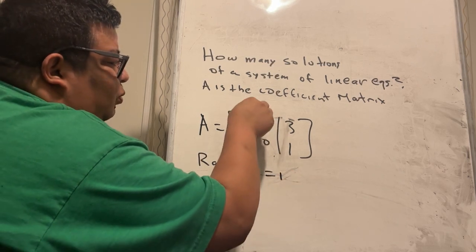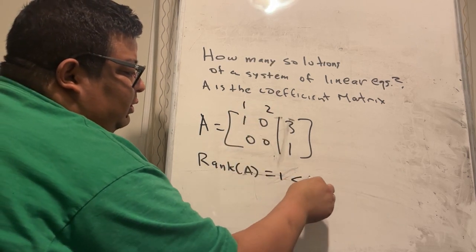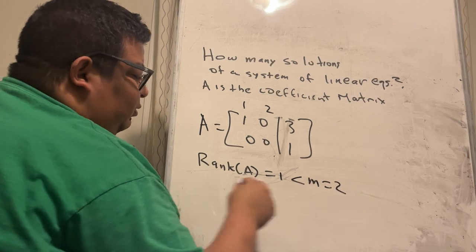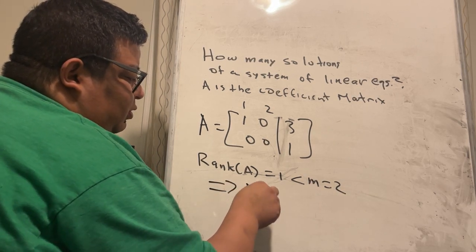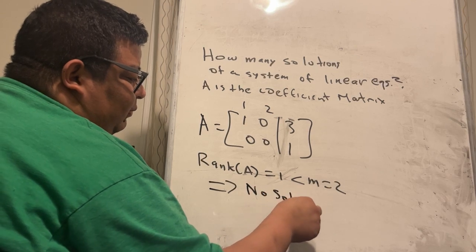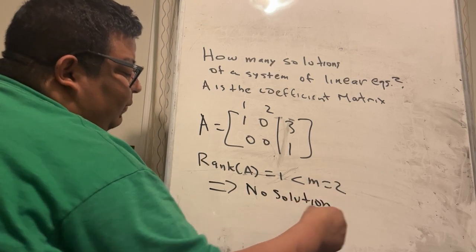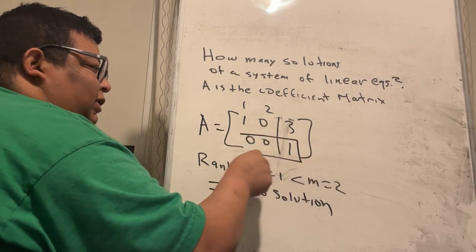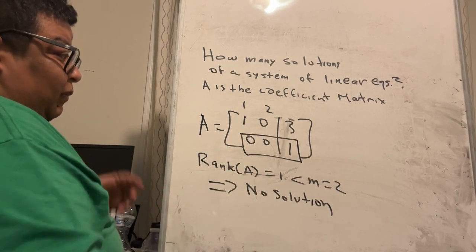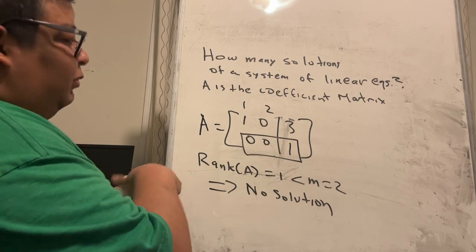How many columns? 1, 2, is less than M, which is equal to 2. And what this says is that we have no solution. And the reason is because we see this pattern here.